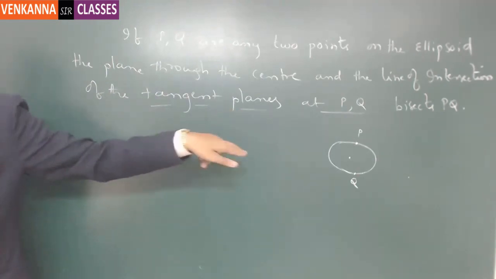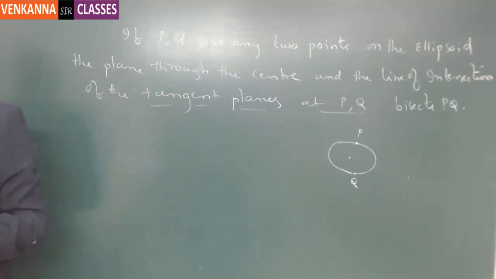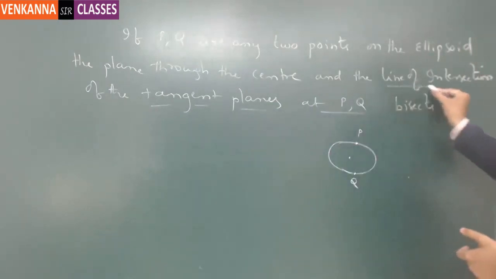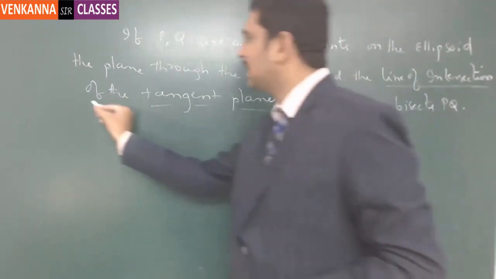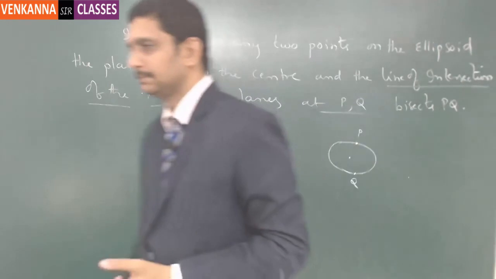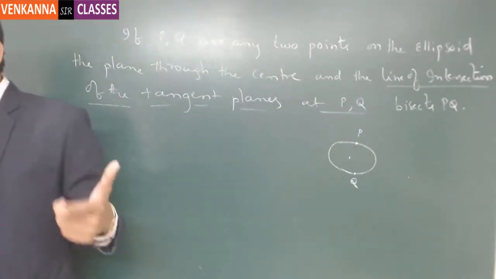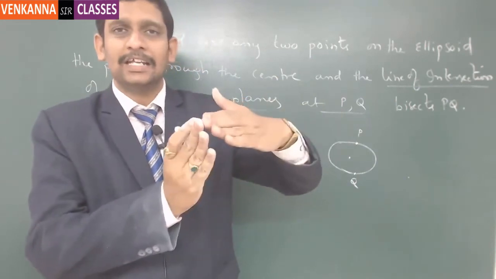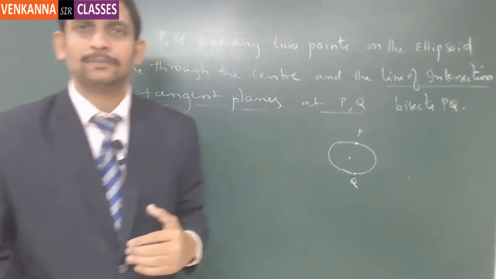At Q, I am taking a tangent plane. And one interesting thing is, I have to take the line of intersection of the tangent planes. In other words, the two tangent planes are intersecting, there you will get a line.